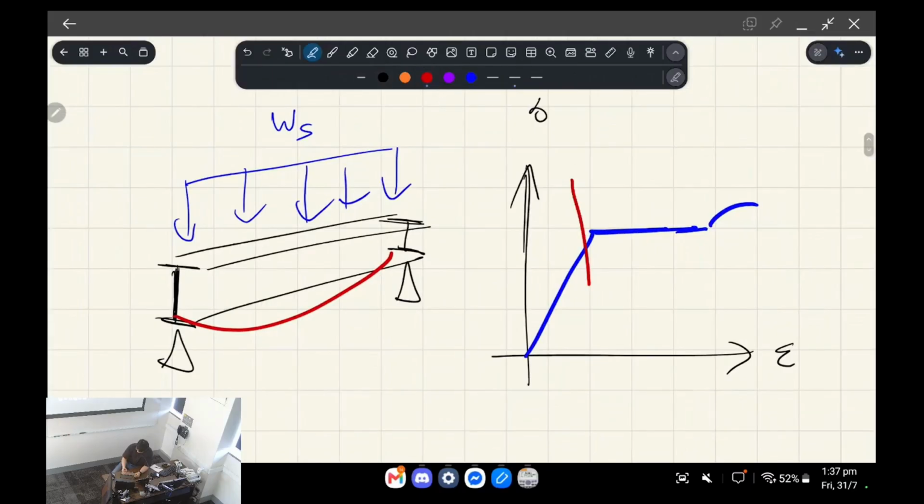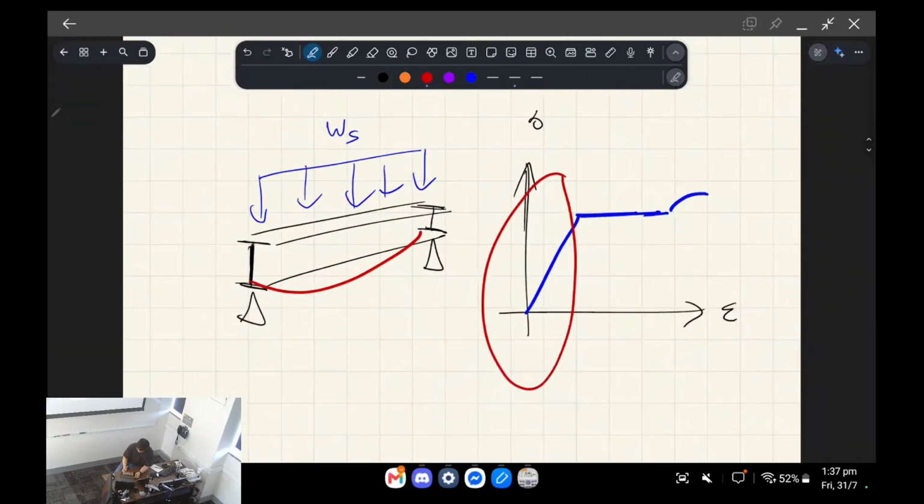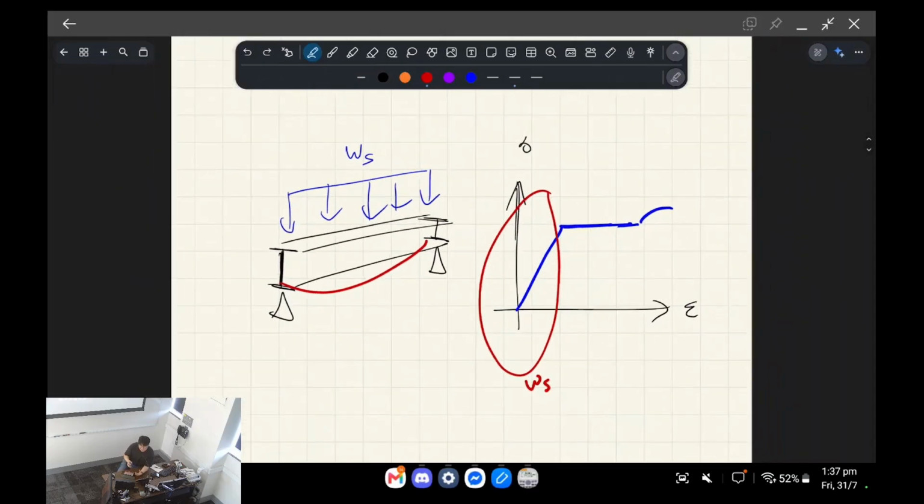But all of our service loads are not going to be related to yielding. It's the loads and stresses that happen before yielding. So essentially your steel beam, in terms of deflection, behaves elastically. When you load it, it'll deflect a certain amount, and if you get rid of that load, it springs back elastically.